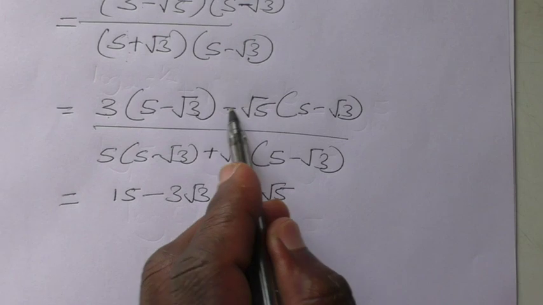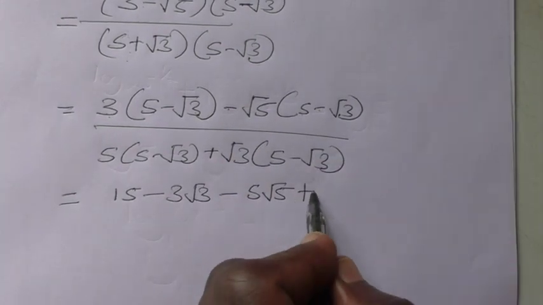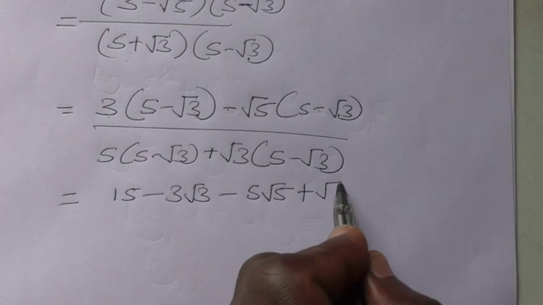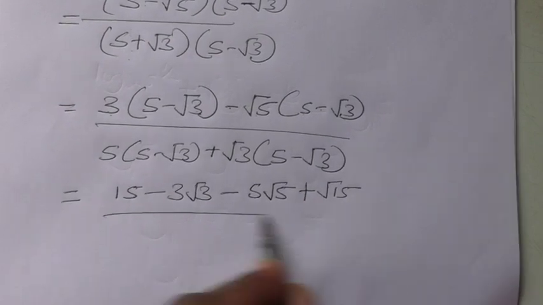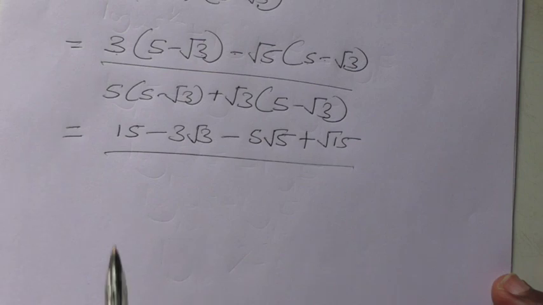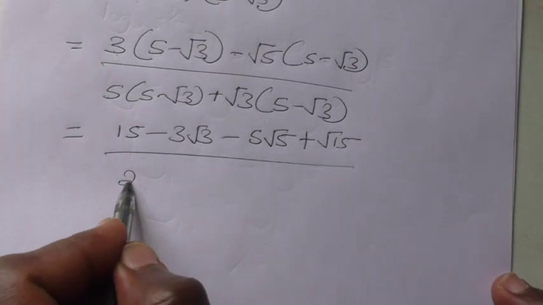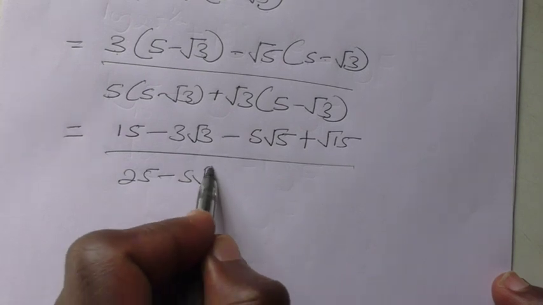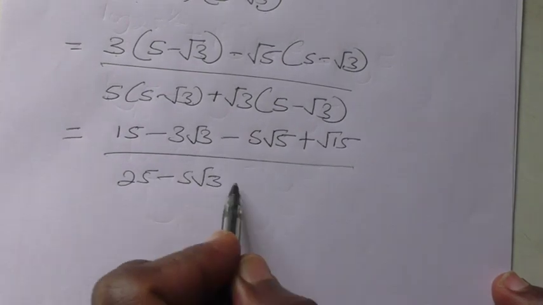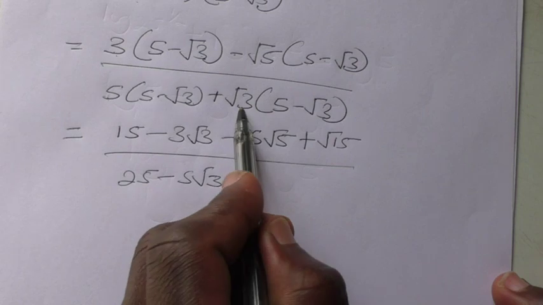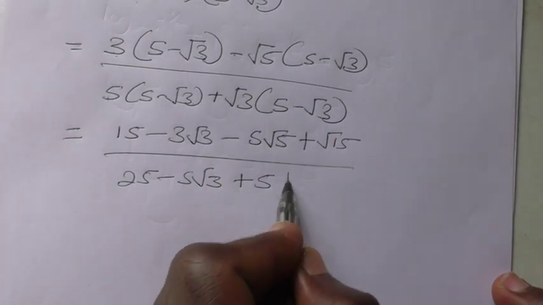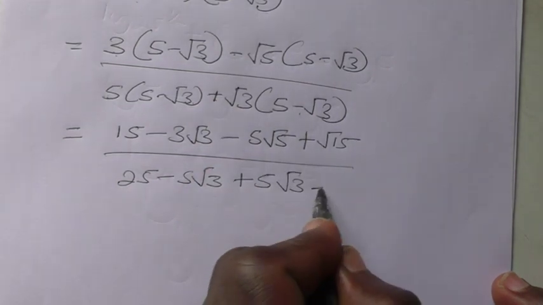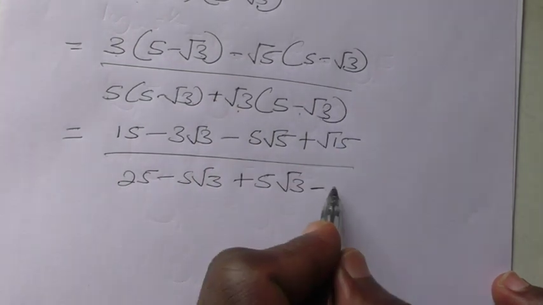Then minus and a minus is a positive, root 5 and root 3 is root 15 over, we do the same down, 5 and 5 is 25, 5 and root 3 is 5 root 3, plus root 3 and 5 is 5 root 3, plus and a minus is a minus, root 3 and root 3 is root 9.